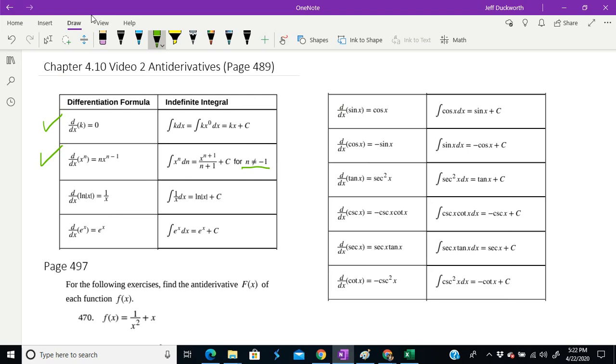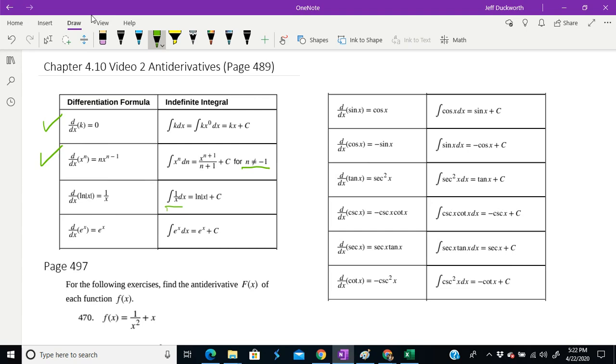Well, for obvious reasons, we can't use the power rule there, because if n is -1, then -1 plus 1 is 0, and that removes the x entirely, and that doesn't work. So we're going to use the natural log for that, because the derivative of ln of x is 1 over x, which is x to the -1. Which means if we have the integral of 1 over x, that equals ln of x, and there are absolute values around that x.